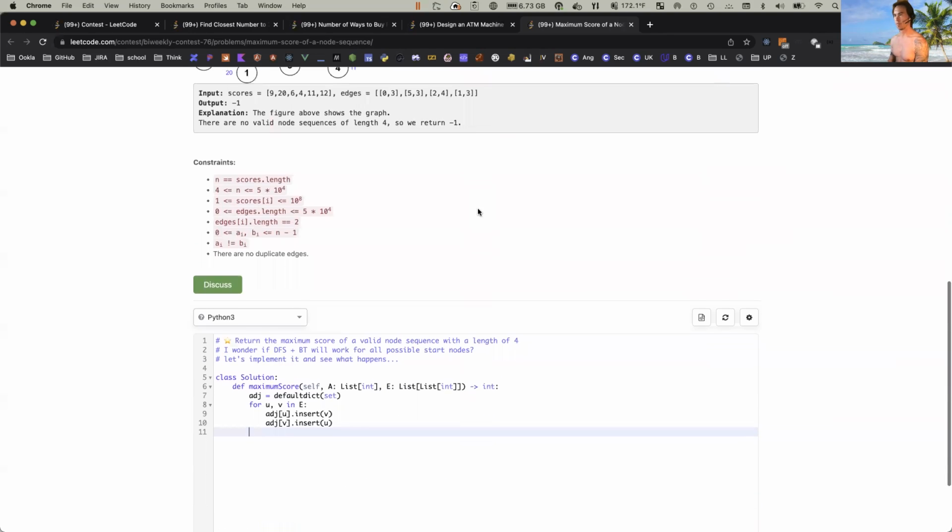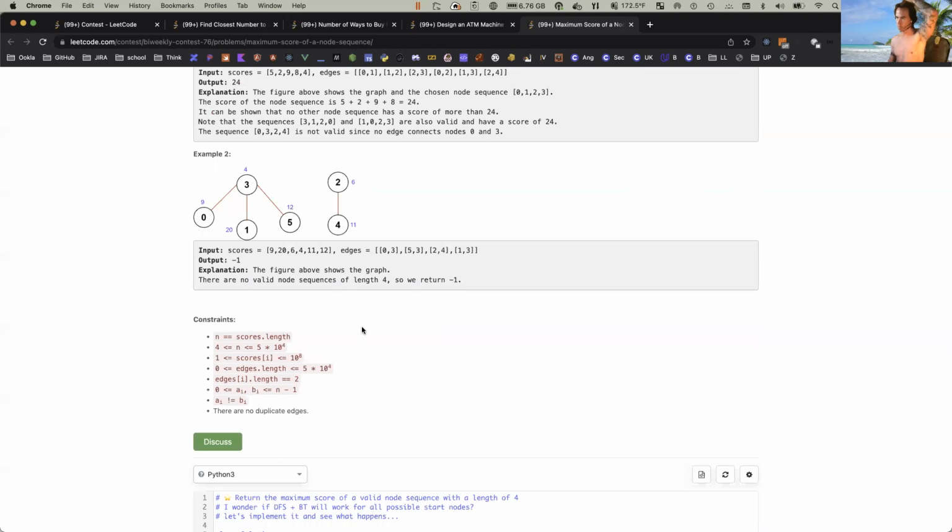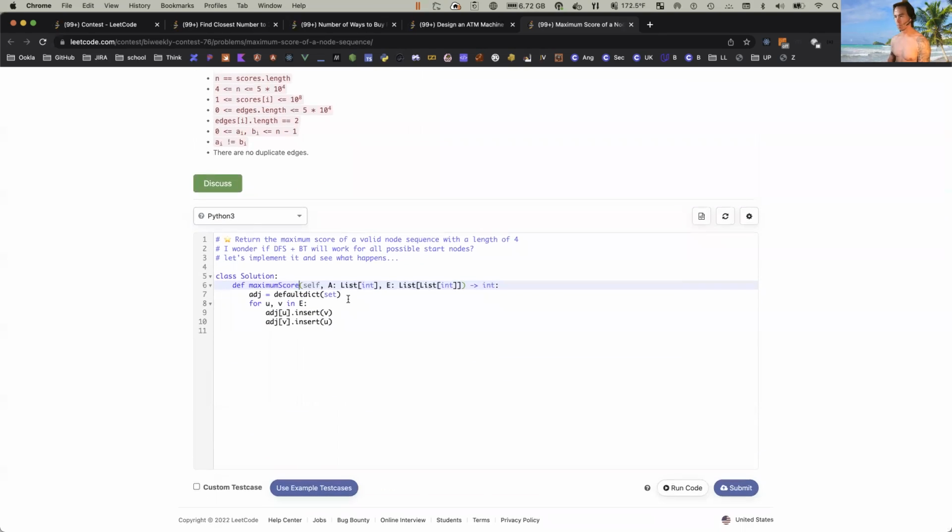Let's do this fast. This is one. Let's try it. Def go(u). Go and return the best. Non-local best. Or should we return best as the recursive stack unwinds?